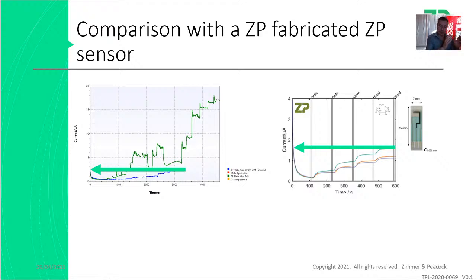So in their lab, they're using our formulation, but you can see that the signals are really comparable, that they are getting the same results as us. Considering they're probably hand pipetting, etc., they're doing a good job. Their signal is approximately 2 microamps at 25 millimolar, and our signal is approximately 2 microamps at 25 millimolar.